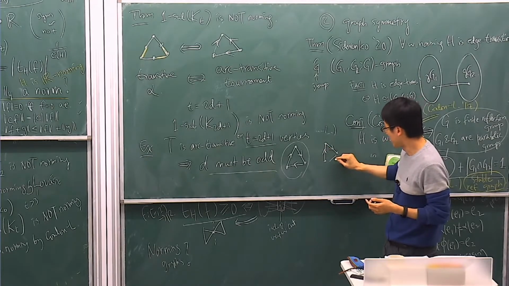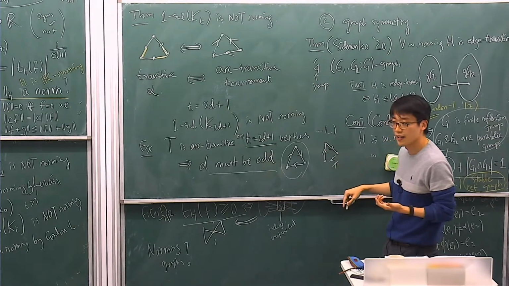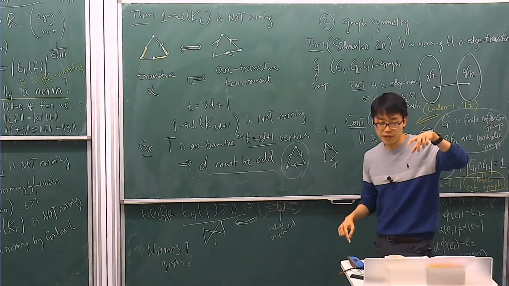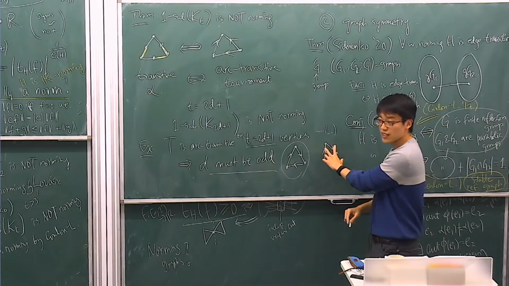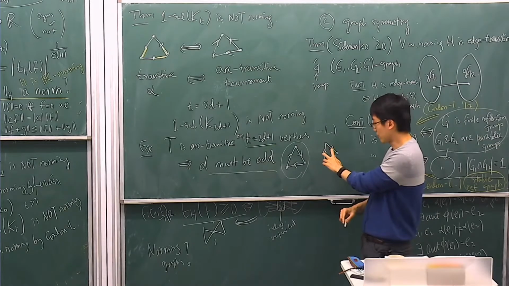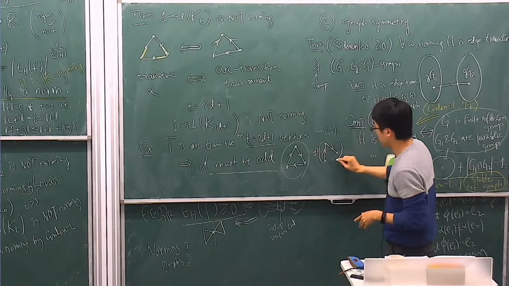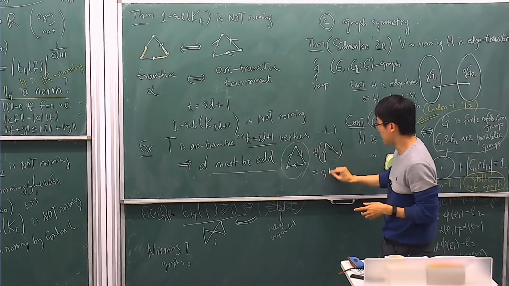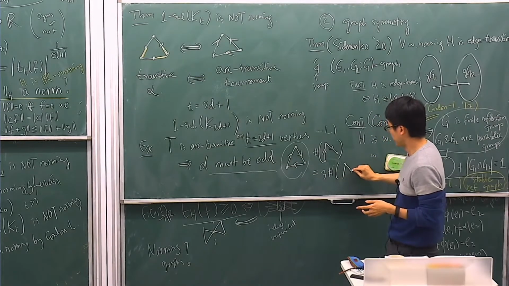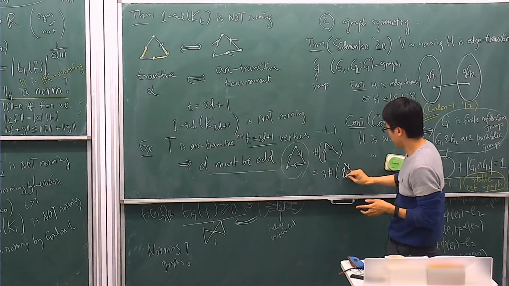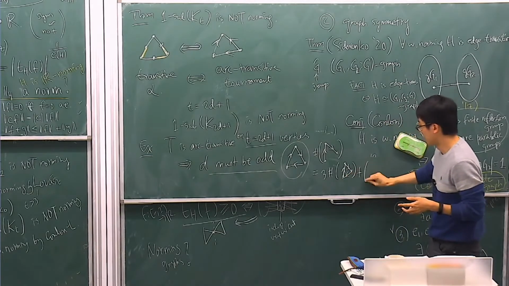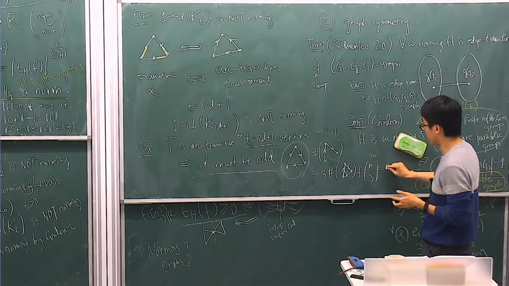So it's either this way or that way. For every triple, you have 2 cases. And when counting this, the contribution from these guys is 3 times, plus n choose 3 minus the number of these guys.